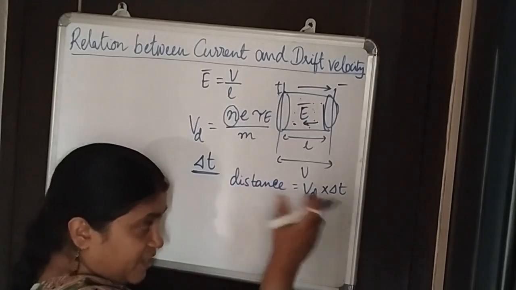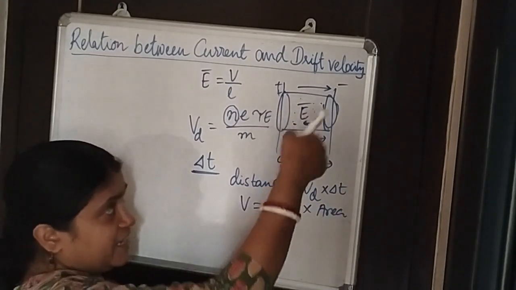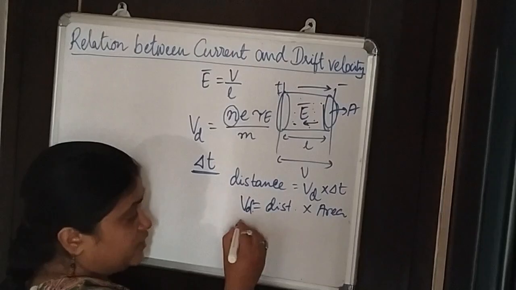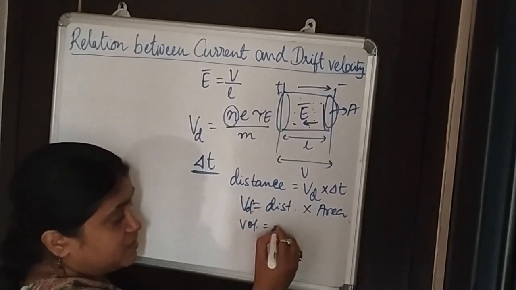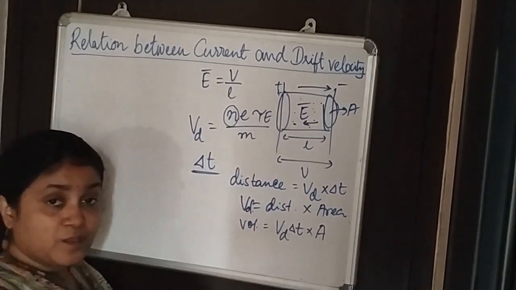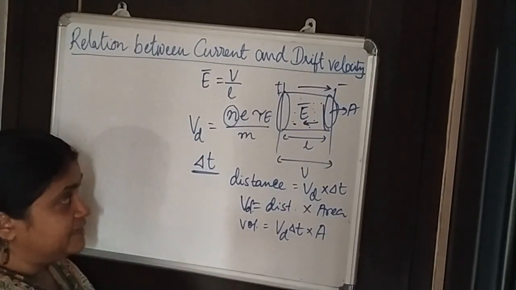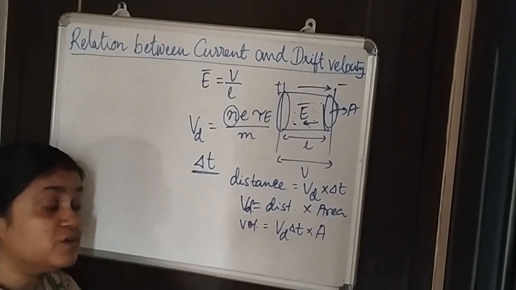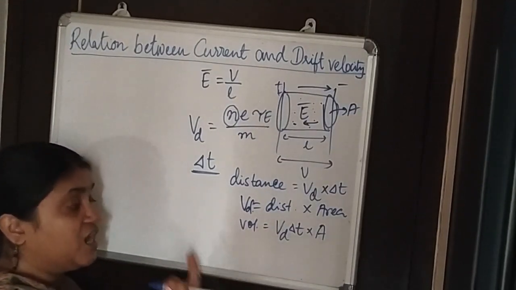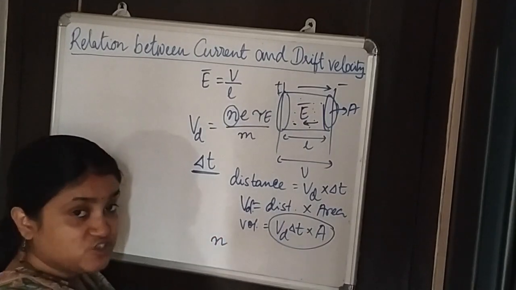Volume is nothing but distance into area, and we know the area of this conductor, let it be capital A. So the volume would be the distance, which is Vd into del t, times the area A. Suppose n is the number of electrons in unit volume.